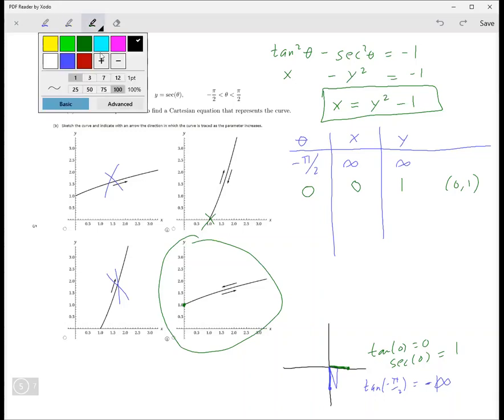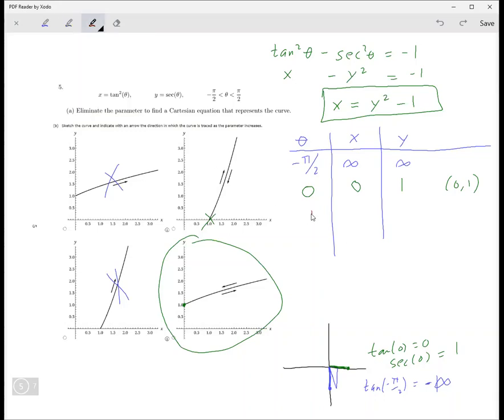And then if you were to do another point, let's see, pi over 2, then it's going to be like that. So basically, this is weird. It starts way out here at infinity, comes along the curve, hits that point at 0, and then goes back out.